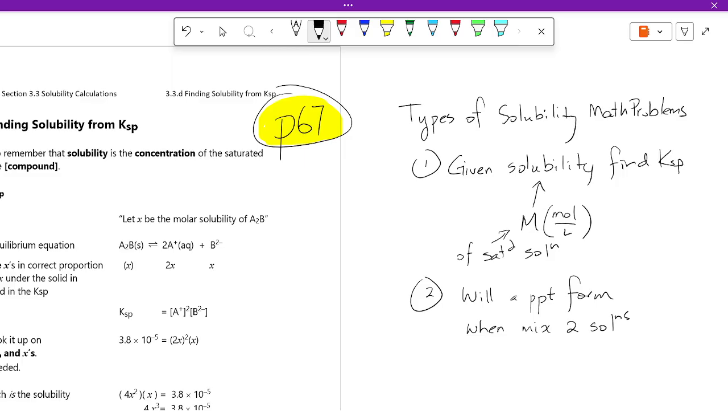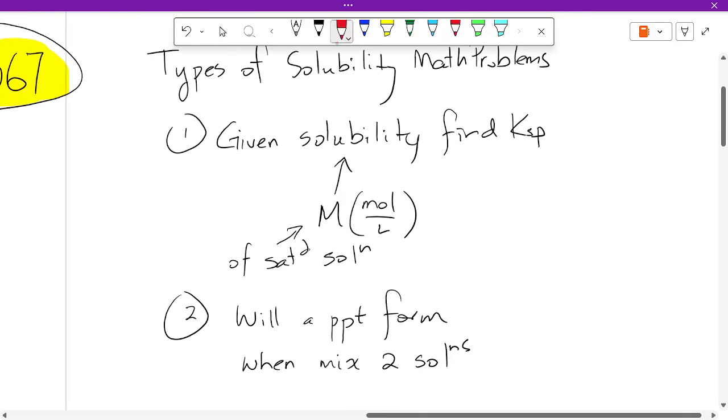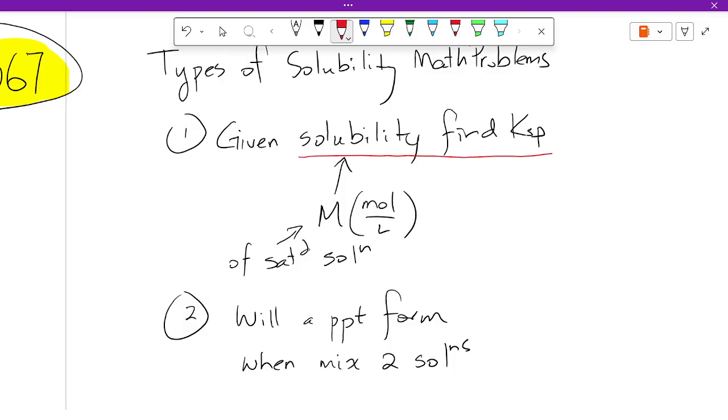Is that a mix and match or is that a dump and stir? So you will be given the molarity of a saturated solution. Are you dumping something in and stirring it until you can't dissolve anymore, or are you mixing and matching two things and forming a precipitate?